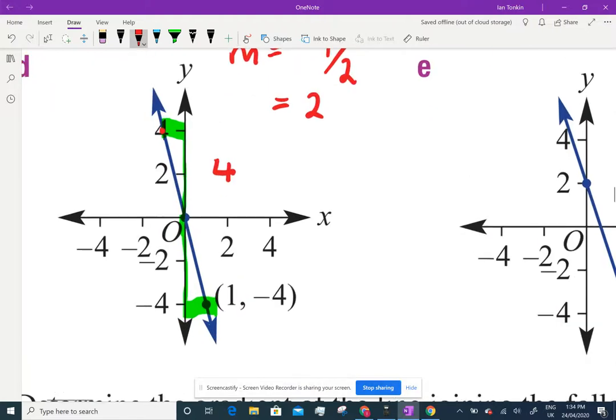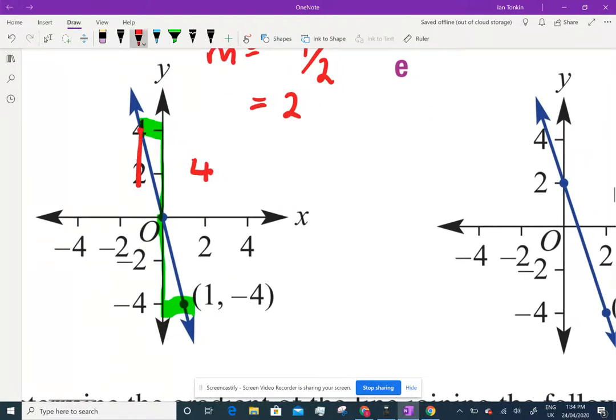How far across has it gone? I reckon it's gone across 1. If I did it down here, 4 over 1. They've given us the coordinates, so we know that. So the rise is 4 over 1, and that's going to be the gradient. But this line is going down, so it's negative. So m equals -4.